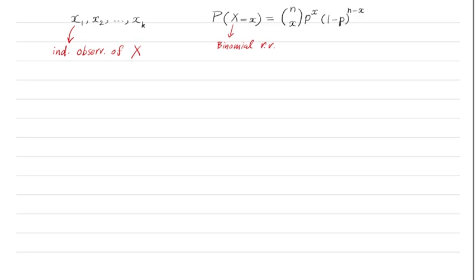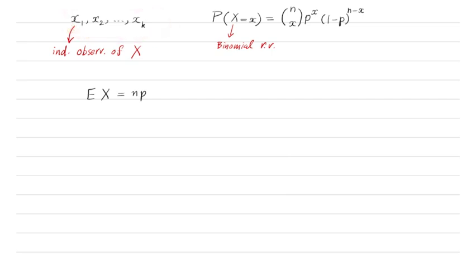Well, we know that the expectation of a binomial random variable X is n times p, the number of trials times the probability of success. And we also know that we can estimate the expectation using the average of observations.